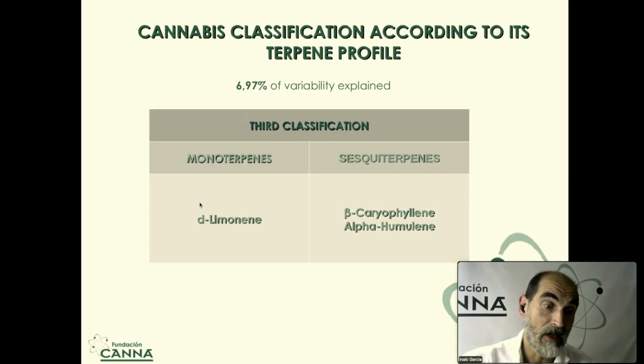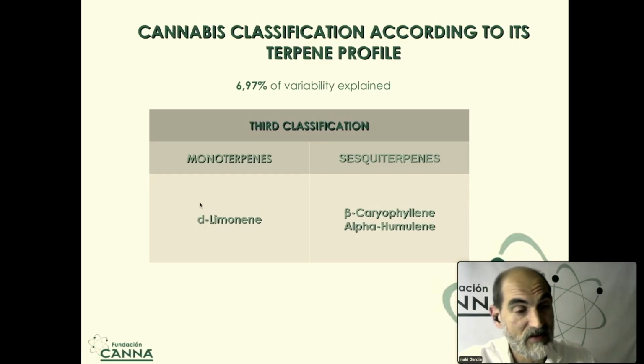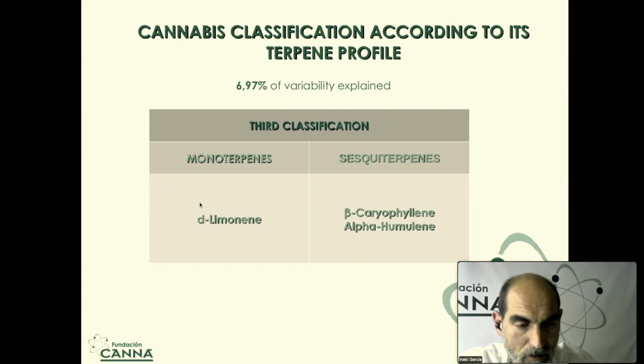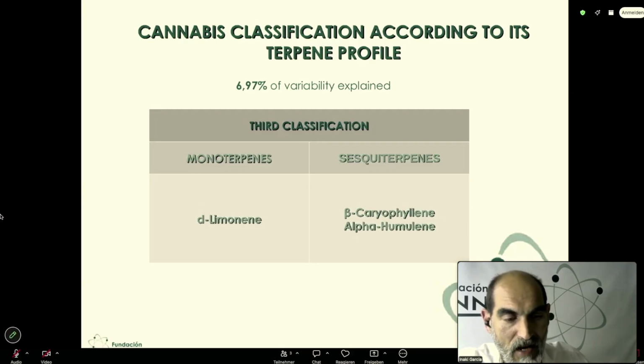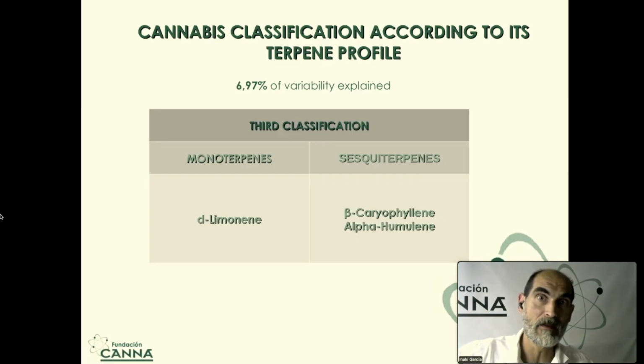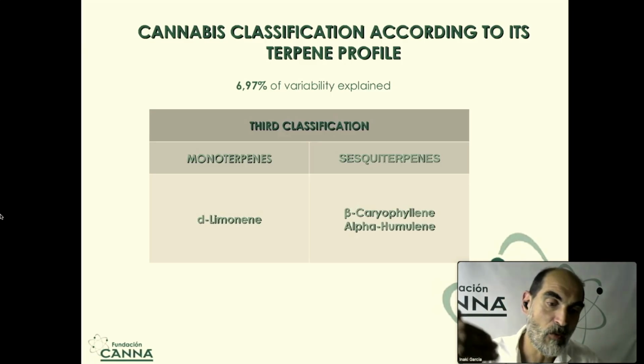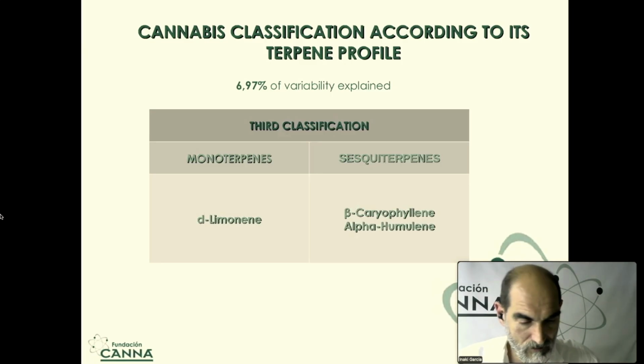And the third classification, well, just 7% of the variability is explained with this third classification, classifies the plants into plants where the most abundant terpenes are monoterpenes, especially limonene, and other plants where beta-caryophyllene and alpha-humulene, which are sesquiterpenes, are in higher quantities than other terpenes.